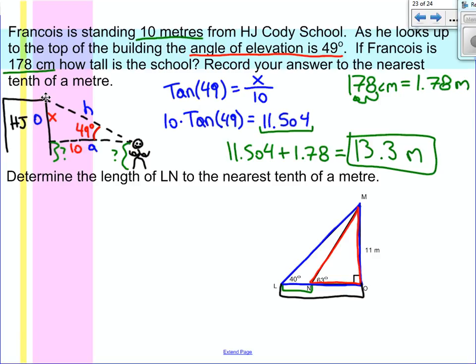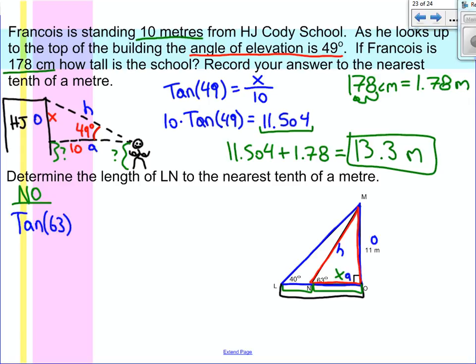So our very first goal is we have to figure out what this bottom of the red triangle is from N to O. So over here we're going to work on N to O. Your first step is label your triangle. Opposite, adjacent, hypotenuse. You're going to use the tangent ratio. So tan of 63 equals opposite over adjacent.